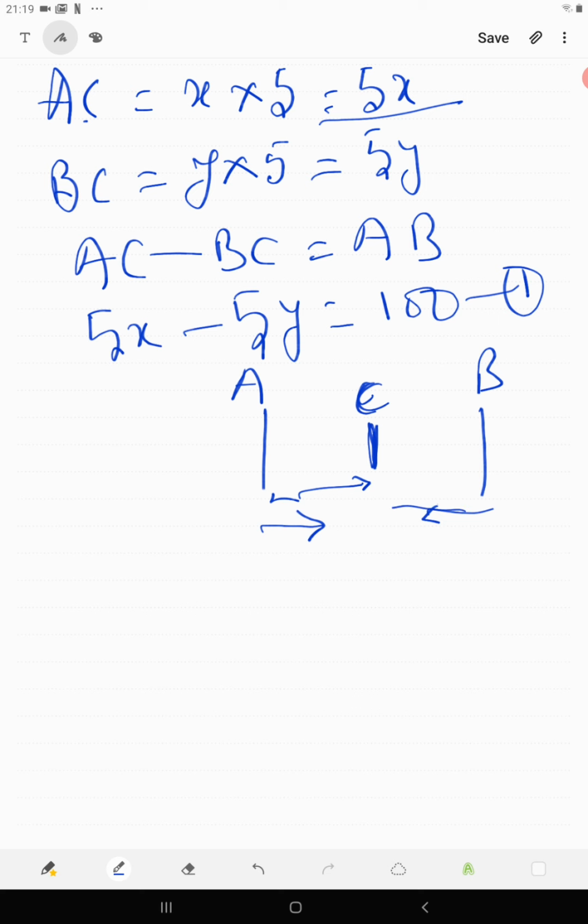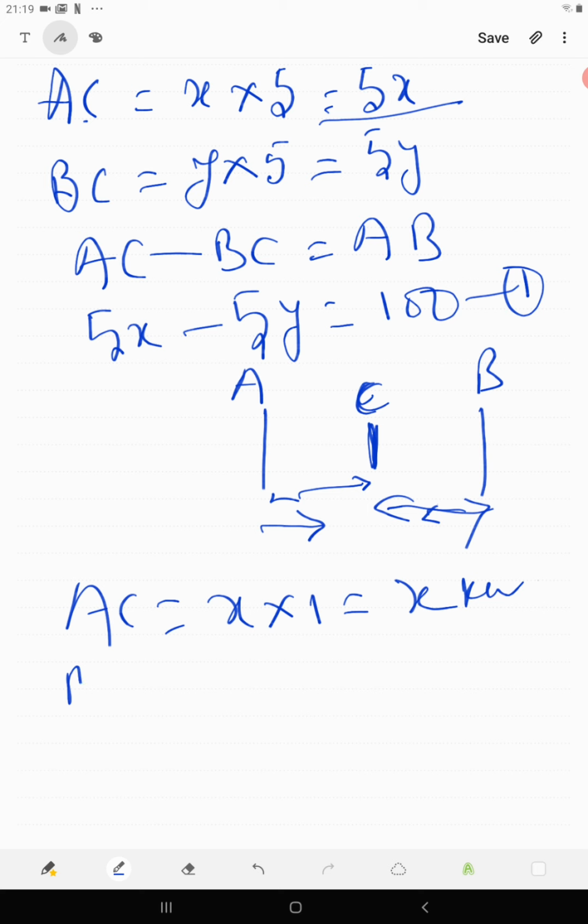Similarly, car B is moving from B to C in 1 hour. So AC is the distance covered by car A. That will be the speed of car A, x, into time taken, 1 hour. So this is nothing but x kilometer.